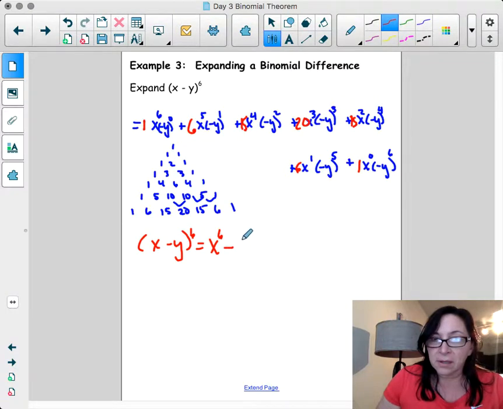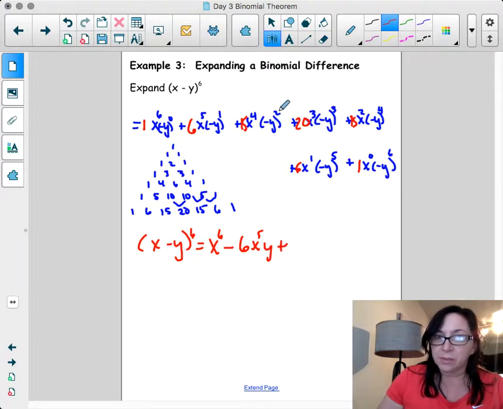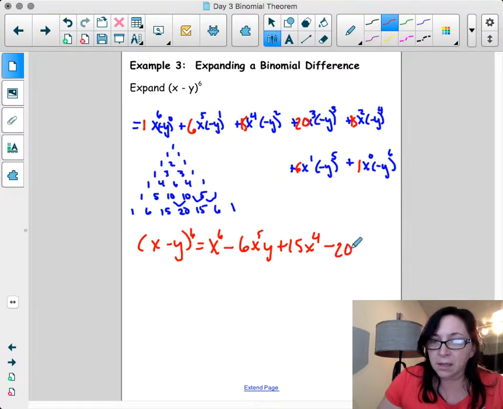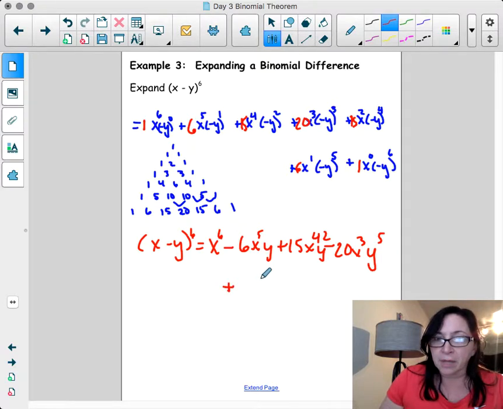So you're going to have minus 6x to the 5th y, plus, because that's negative times negative, which is squared, 15 x to the 4th y squared, minus, that's cubed, so it's negative, 20 x cubed y cubed, plus 15 x squared y to the fourth, because a negative to the fourth power is even, minus 6x y to the fifth, plus y to the sixth.